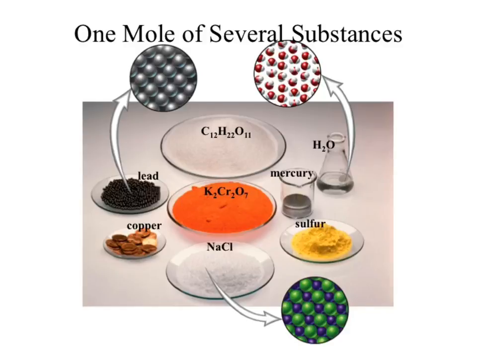What is the mass of sodium? 23. Mass of chlorine? 35. That pairing will eventually get you to the total mass for that substance, but just because there's one of each doesn't mean they equally contribute to the overall mass. You have to take into consideration the mass of each of those individual components when you look at the overall picture. Our formula tells you the number of them. It does not tell you the mass.